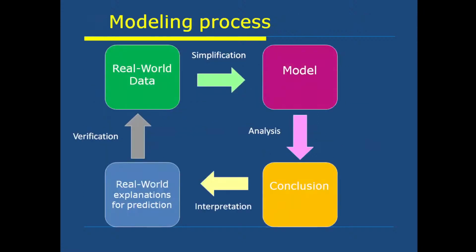On this slide, you can see the modeling process picture. We have a real world fact or real world data. By using a simplification method, we create a model. Then we analyze this model and make our conclusions about the real world object.